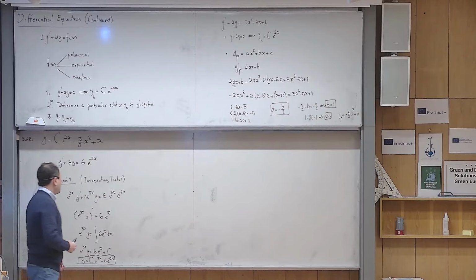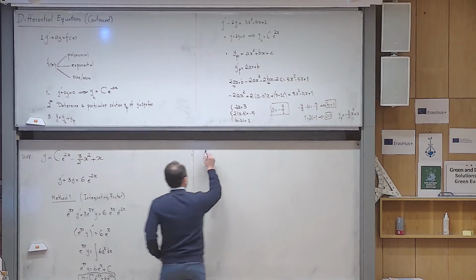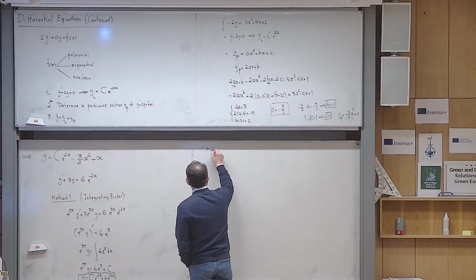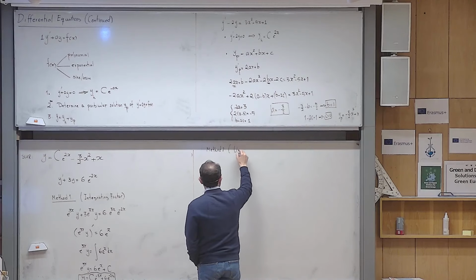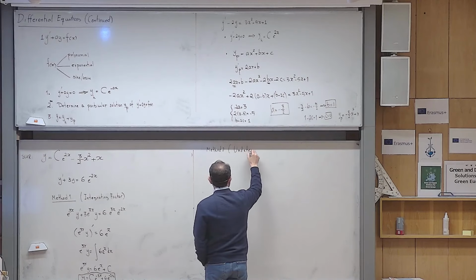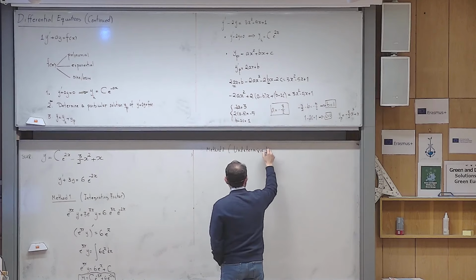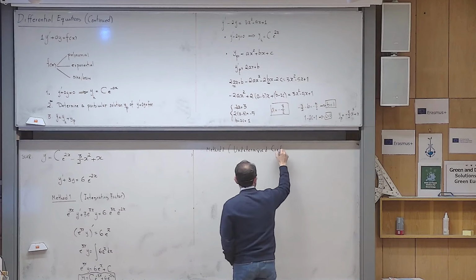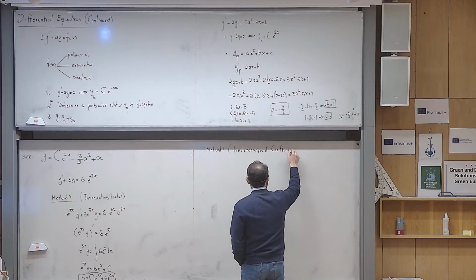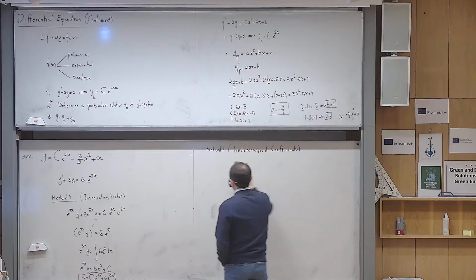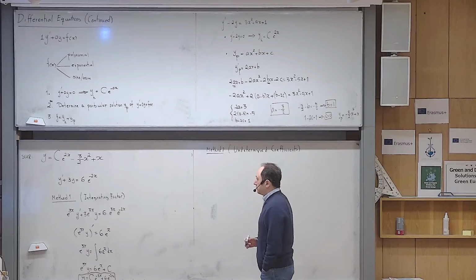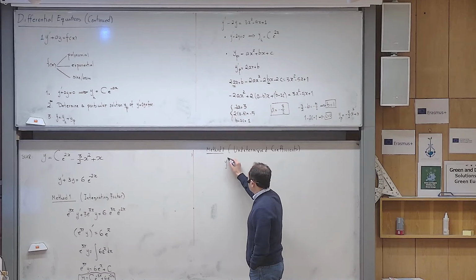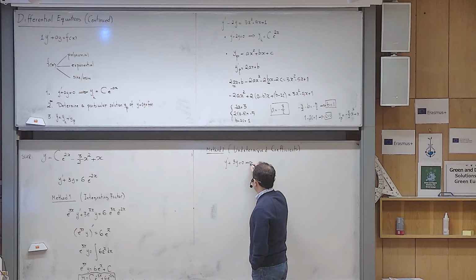Okay, now the method of undetermined coefficients. If I want to do that, the first thing I have to do is solve the homogeneous one, but we know the formula for it.